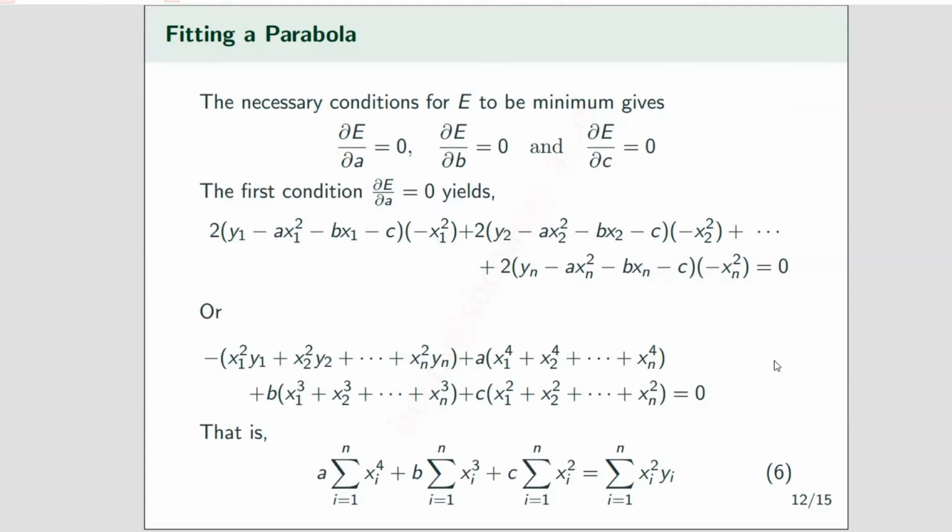This first term goes to the right side and becomes the sum of xi square yi. Remember, this equation is the end result of taking the partial derivative of E with respect to a. Likewise, we need to take the partial derivative of E with respect to b and with respect to c.